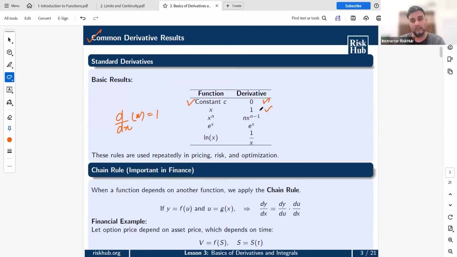Then we have the power rule: d/dx of x^n is n x^(n-1). This rule appears everywhere in finance. Then the exponential function: d/dx of e^x is e^x. Exponential functions dominate finance in continuous compounding, in the Black-Scholes model, and in geometric models. Then you have the logarithmic function.